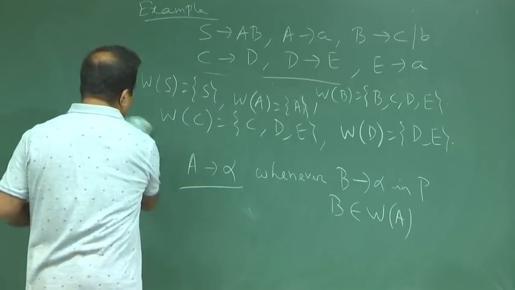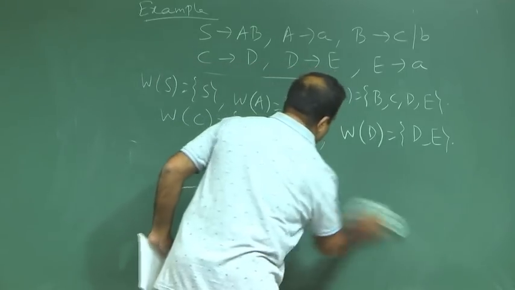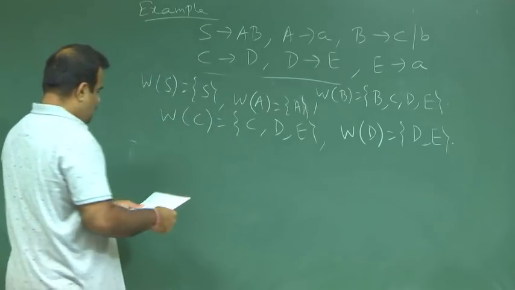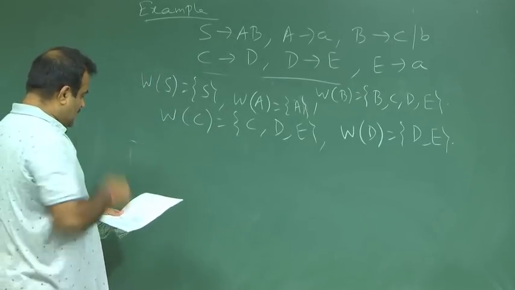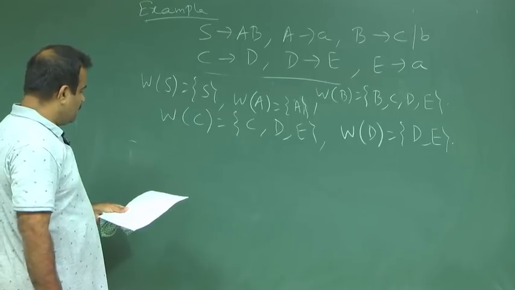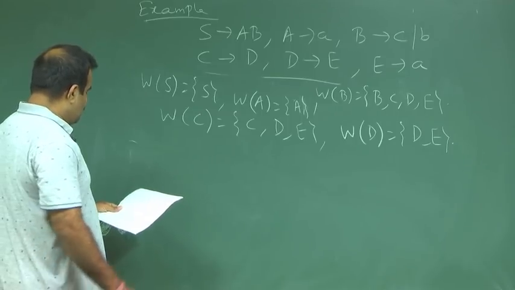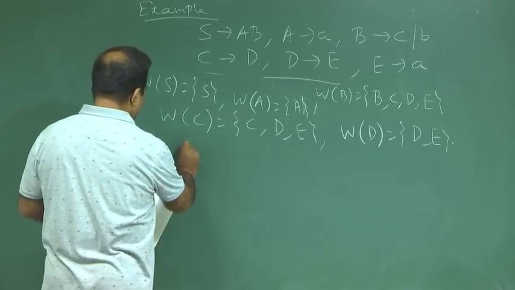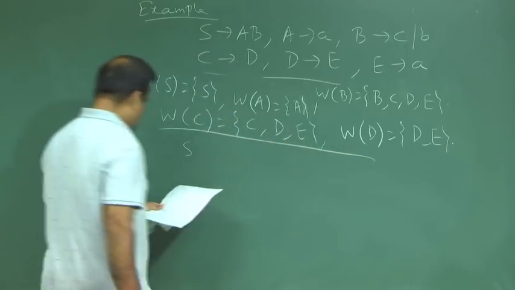Like this we will find the rules. If you do that, we will get the rules like this. So, this is the production we are writing.